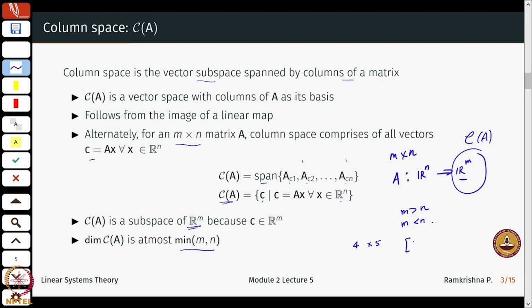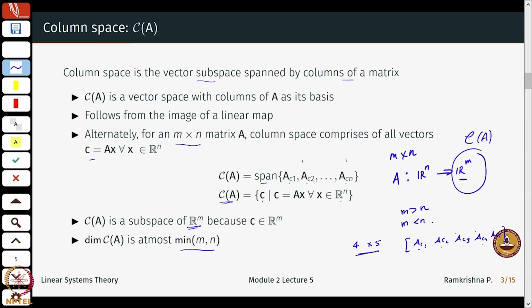So, this will have 5 columns: A C1, A C2, A C3, A C4, A C5. Of these 5 vectors, at most I can have 4 vectors which are independent of each other. Whenever I have a dimension this way, there will always be a 5th vector which I can write as a combination of the other 4.